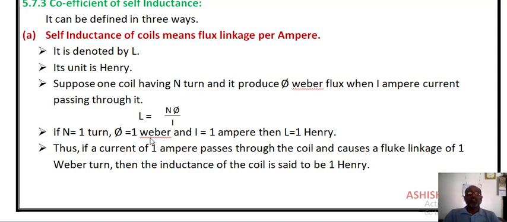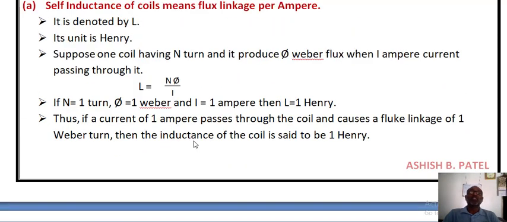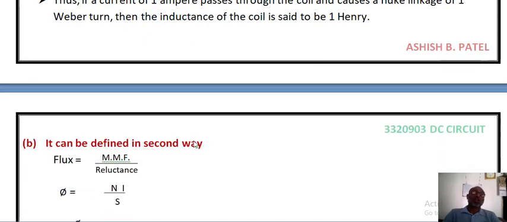Writing this in words: if 1 ampere current passing through the coil causes a flux linkage of 1 Weber turn, remember, 1 Weber turn, then the inductance of the coil is said to be 1 Henry. So this is one way to define the self-inductance of this coil.